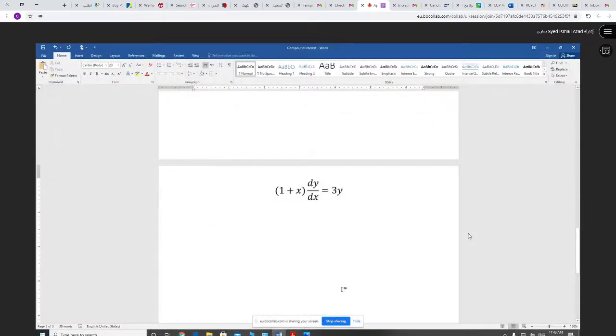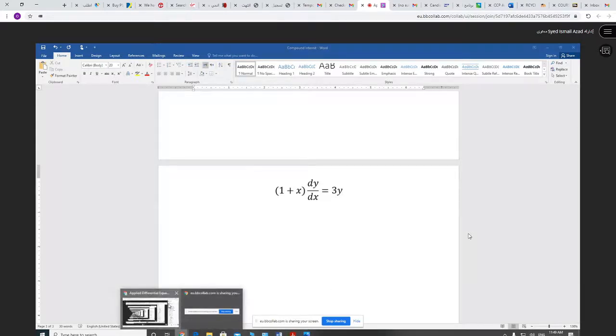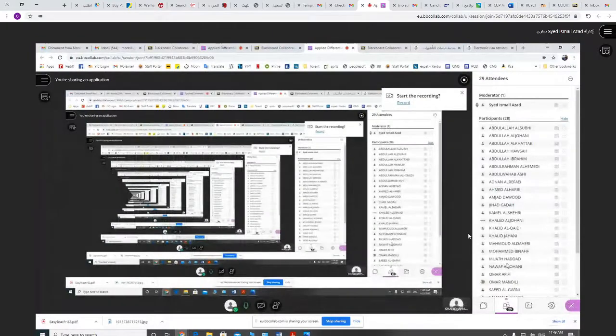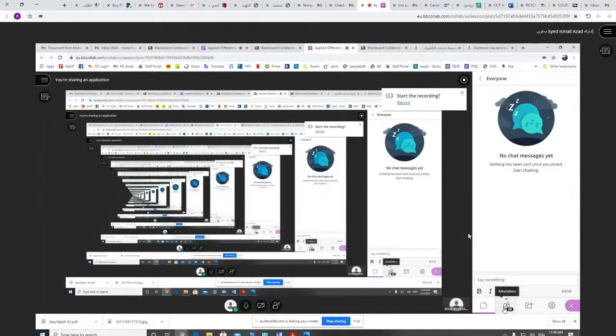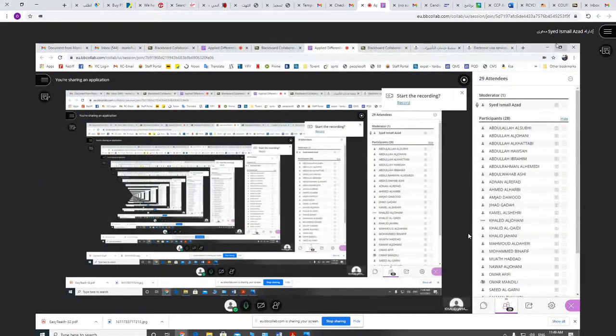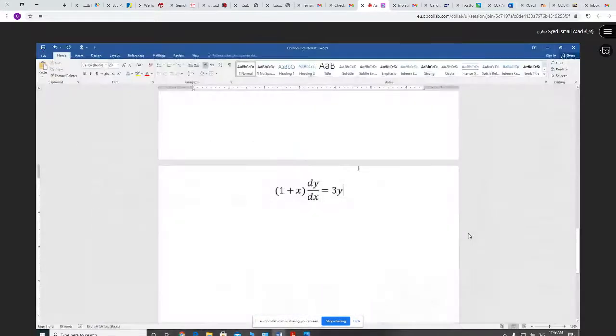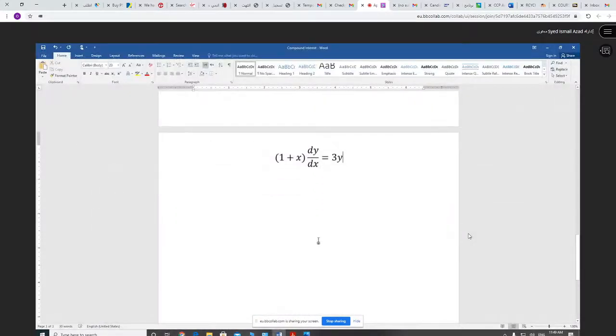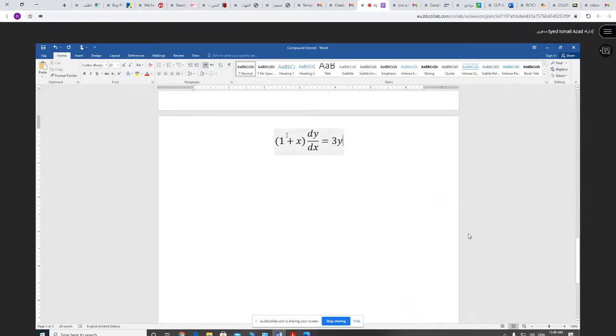Let us try to find the general solution of this differential equation. We've already done this variable separable equation. Please, students, tell me what will be the first step over here. What will you do?